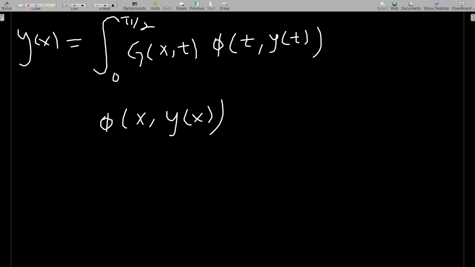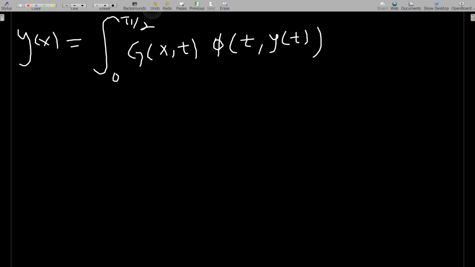That is why almost all the time we write phi of x, y so that it becomes easier. But in working, this is how we see it. So if you have your phi of x, y, then you can find your phi of t, y of t, meaning phi of t, y. That is all.